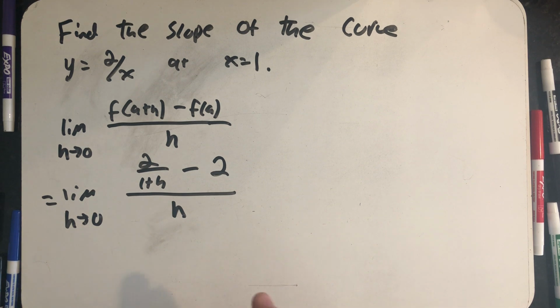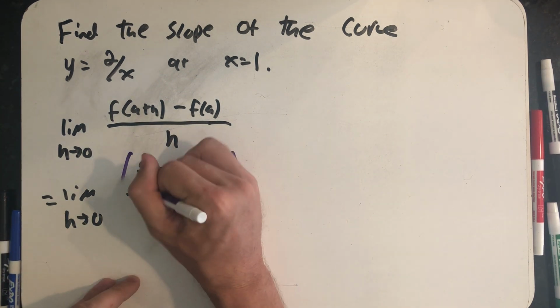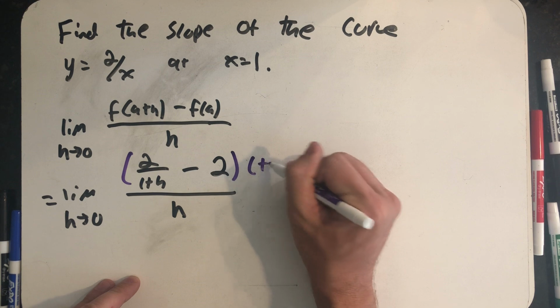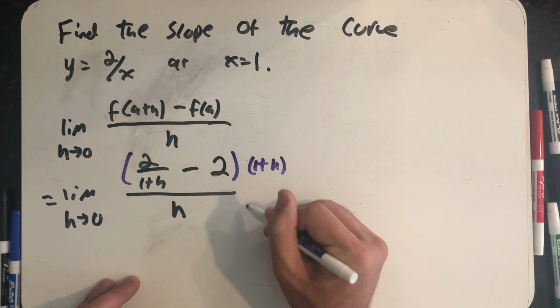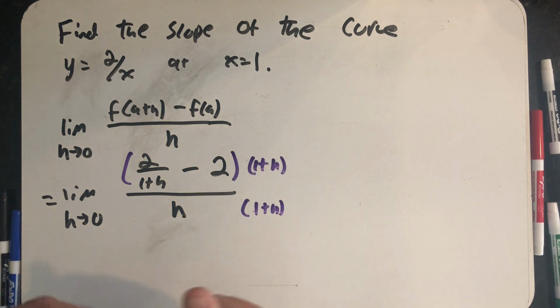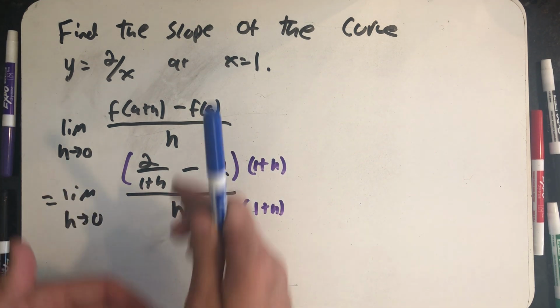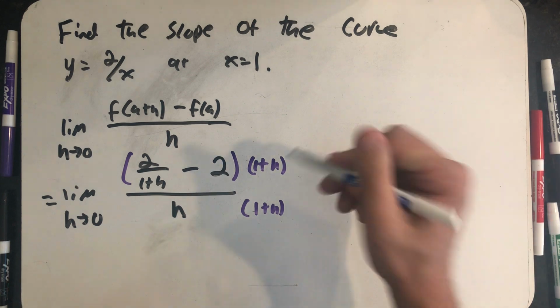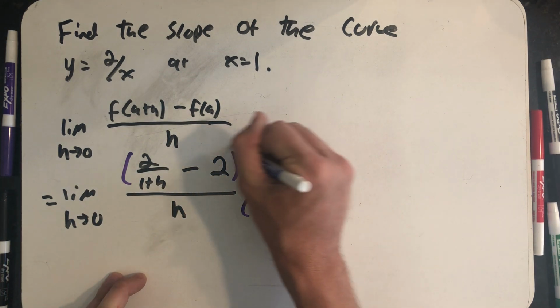It's one of those things where I think if I do enough algebra, I'll probably be able to cancel something out. So I'm just going to do a fraction trick. I'm going to multiply the top and bottom by 1 plus h. Clearing my fraction, my big fraction of the little fractions, making this not such a compounded fraction.